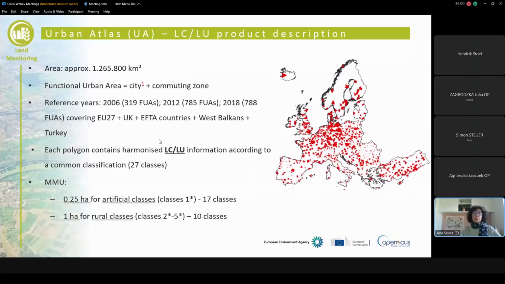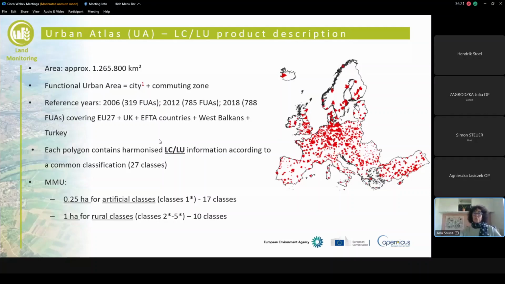The area covered is approximately 1.3 million square kilometers, which is a lot, as you can see depicted in the illustration on the right side of the slide. And the red polygons that you see there are the functional urban areas. And a bit later, I will explain what functional urban area is.